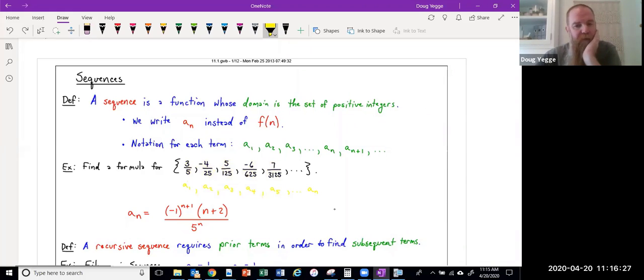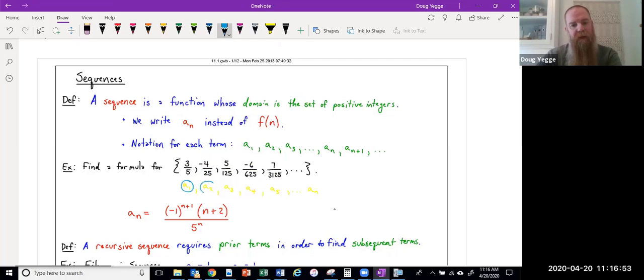So the first thing I would look at is, well, I know that every one of these terms is a fraction. It looks like the numerator terms change in a particular way, and the denominator terms change in a particular way. So I'm just going to start with each one of them separately. Now, the most important thing to start off by doing is to recognize that A1 or A sub 1 is the first term.